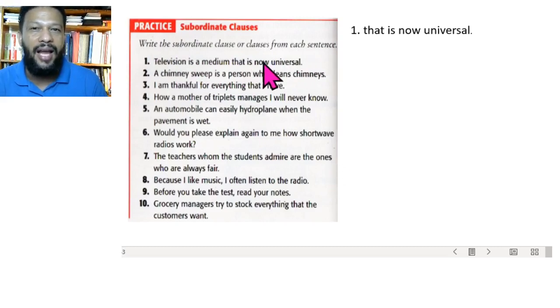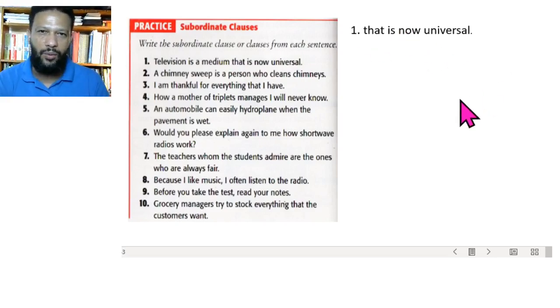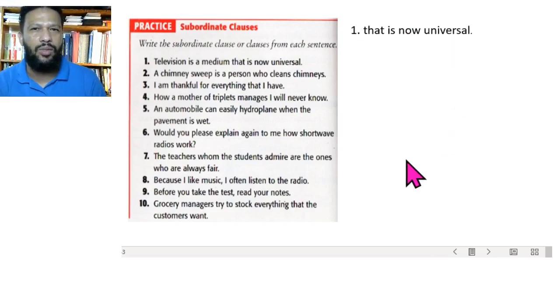Television is a medium that is now universal. That is a subject, is a verb. You see, there's another verb here. That is a subject, is a verb, now universal. So is now universal is a predicate, and that is a subject. That is now universal is the subordinate clause, and that is called a that clause. That is now universal functions as an adjective clause for medium, because it identifies medium.